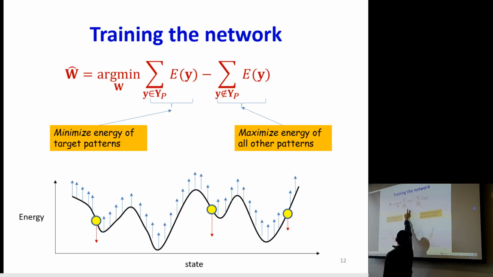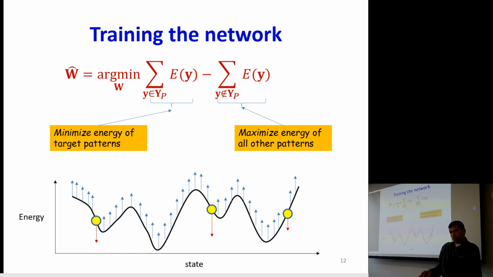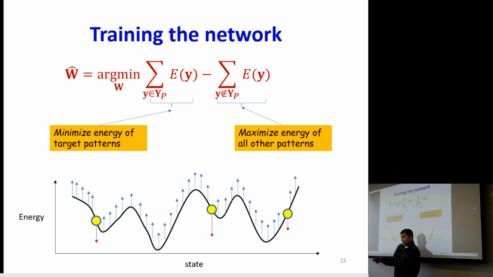You want to minimize the total energy of all of the patterns that you're trying to store. You also want to maximize the total energy of all the patterns that you do not want to store. So if this were the energy contour as a function of the state of the network, where the state represents all the bit patterns that the network could actually take.